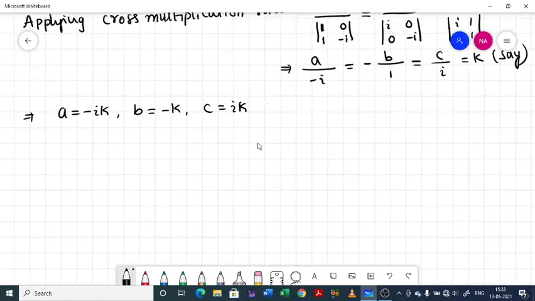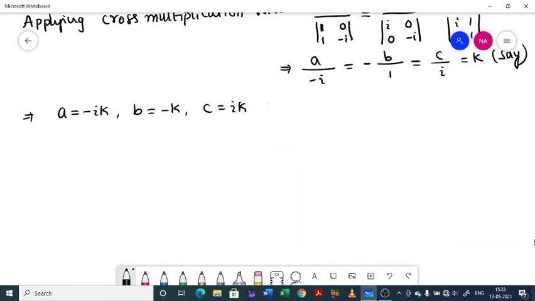From equation 1, we have A plus B minus IC minus ID equal to 0.